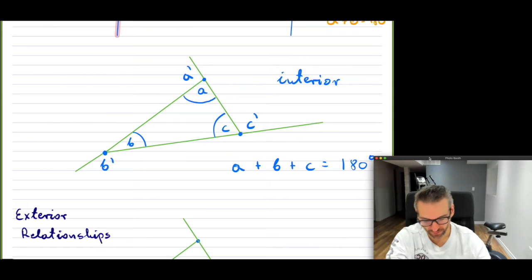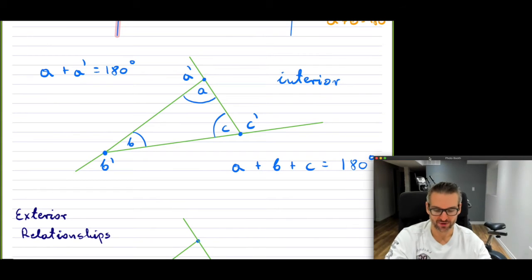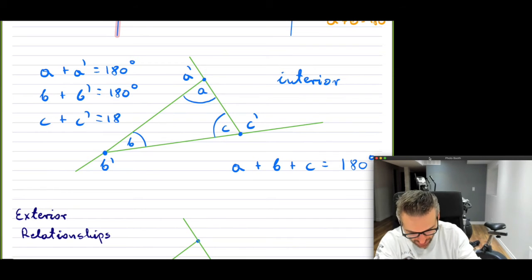For all of these, you will know that A plus A prime must be 180 degrees. That should make sense to you. The same thing happens with B plus B prime equal to 180 degrees, and C plus C prime equal to 180 degrees.